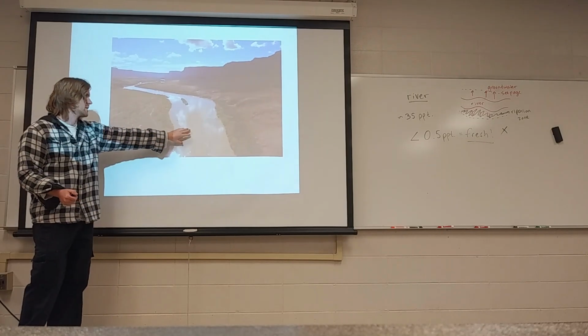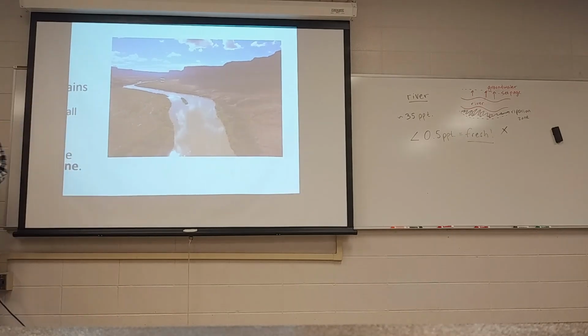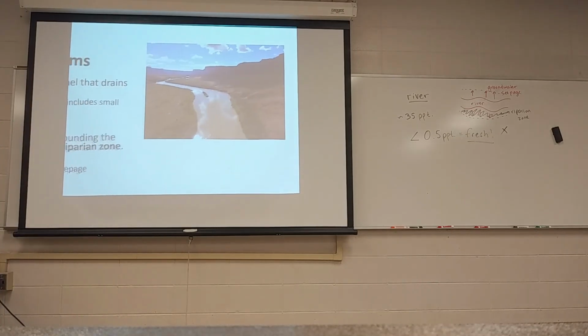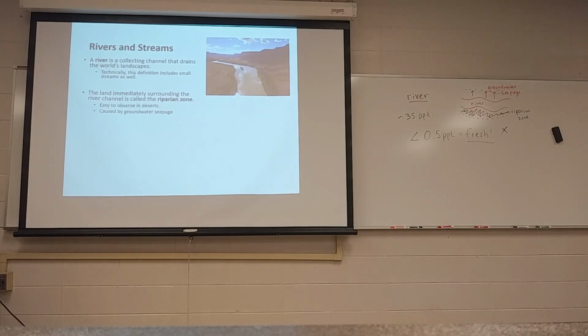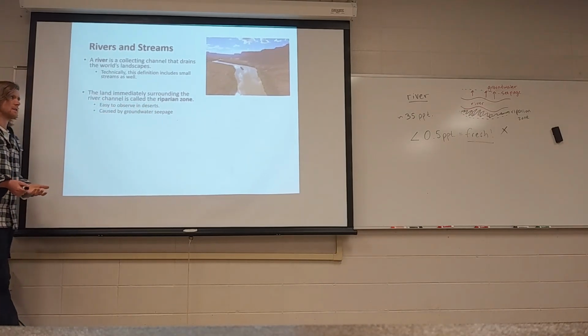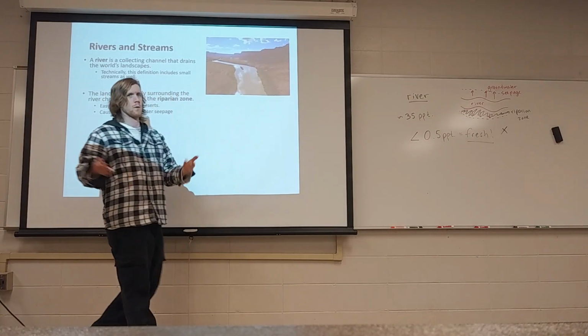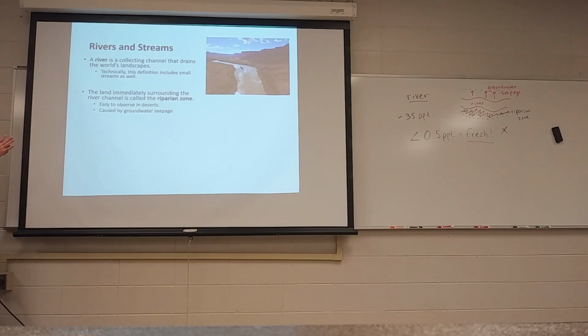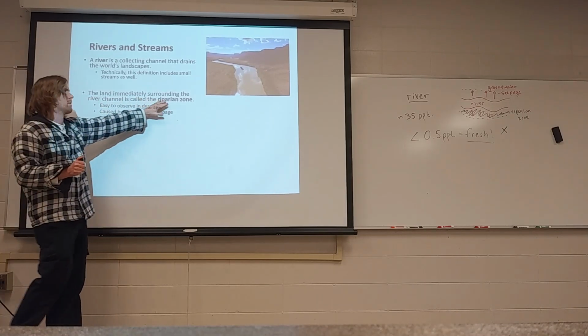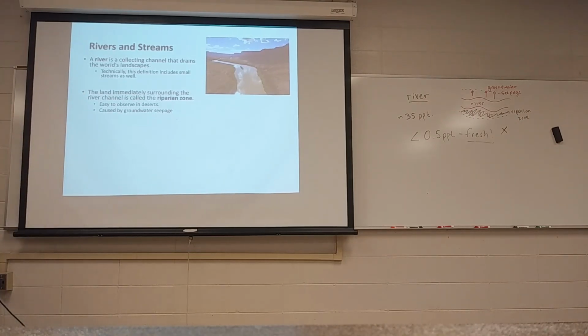And that's because of the seepage of the water from this river channel. So you've got very different species in deserts that can live in that riparian zone. It's much easier to observe this in deserts than it is here. Because like I said, we have enough rainfall that even away from the river, we have plenty of greenery here in Missouri. So be aware of what the riparian zone is and how it causes potentially different plant life to grow there.